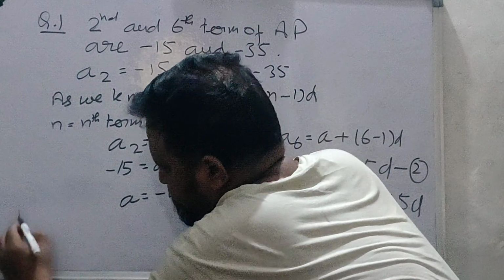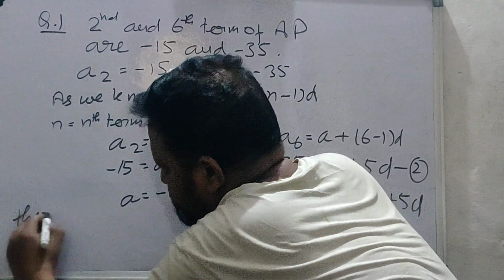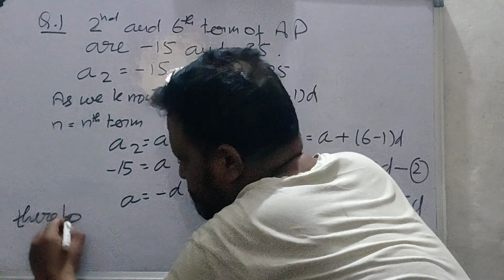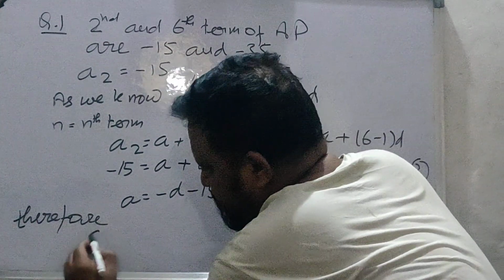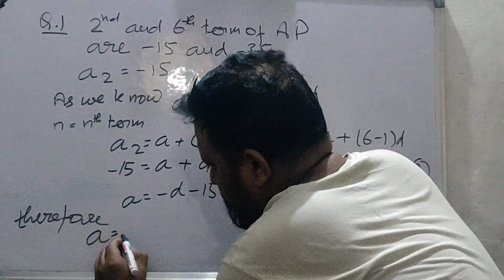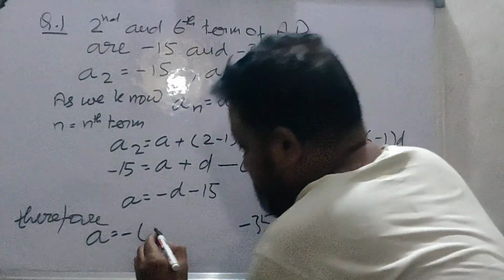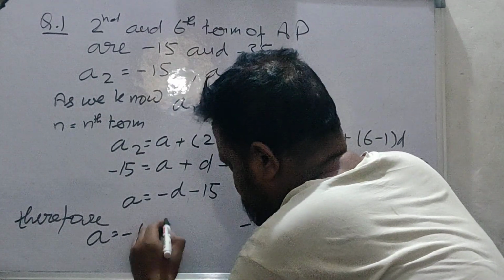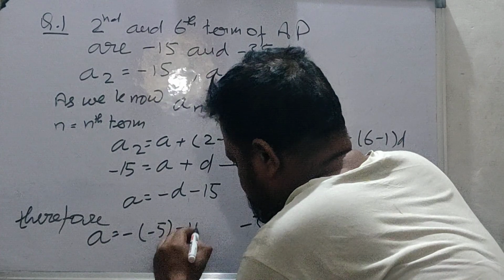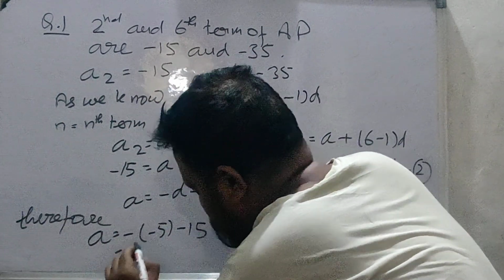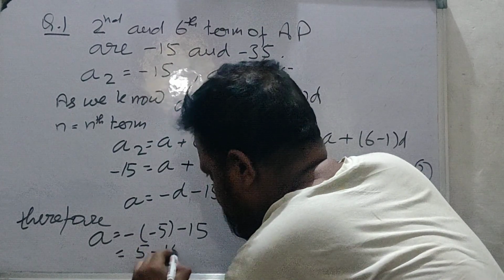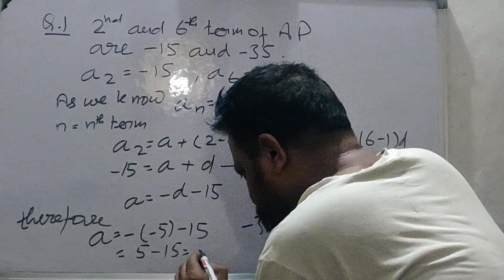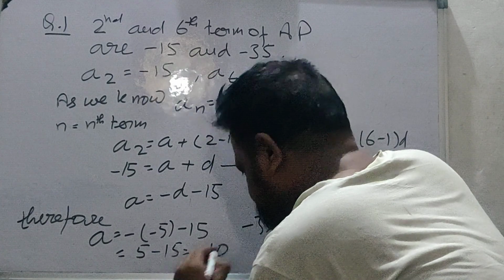Therefore A is equal to minus D minus 15, that is 5 minus 15, which is equal to minus 10.